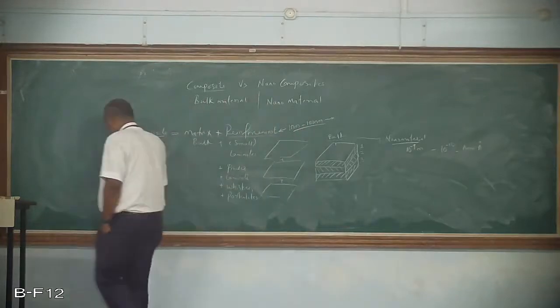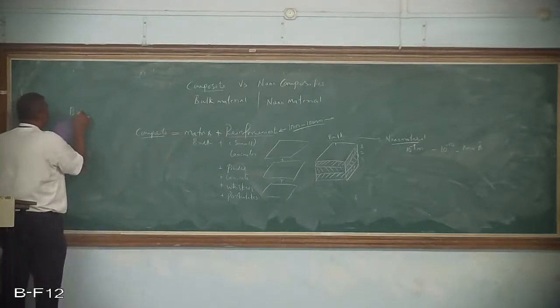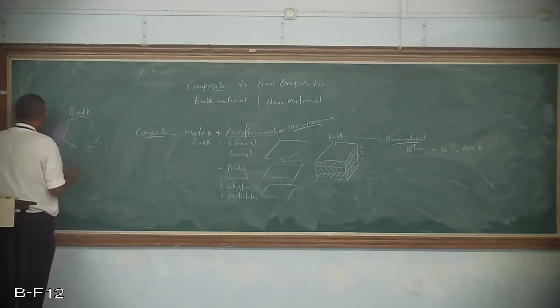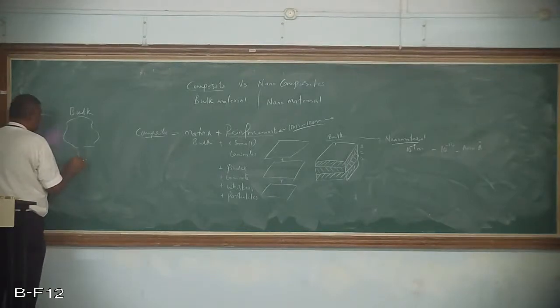Here the bulk material we are going to use, assume that this is the bulk material, an irregular bulk material, or it can be a regular bulk material. This bulk material is reduced to fine powders.